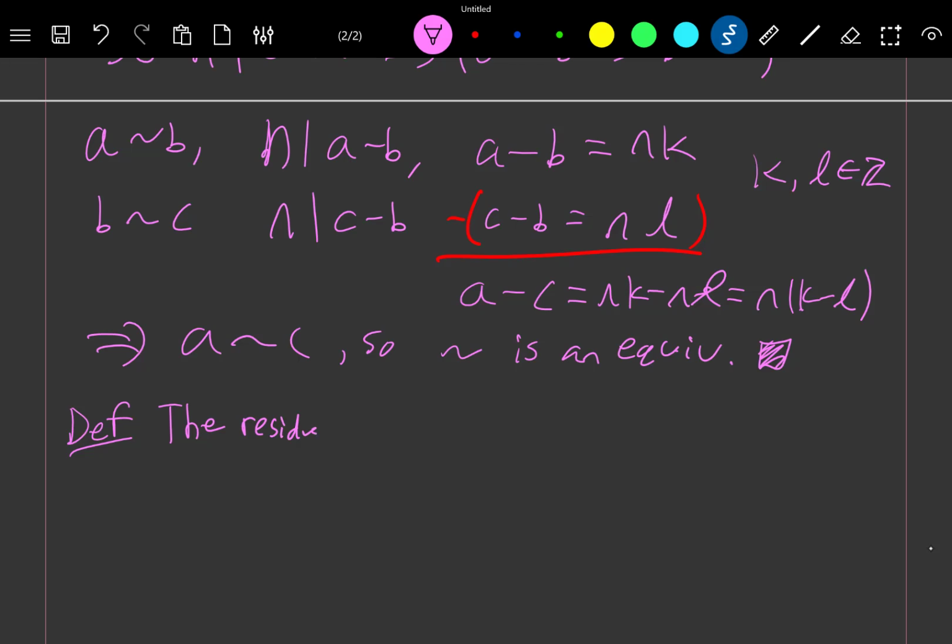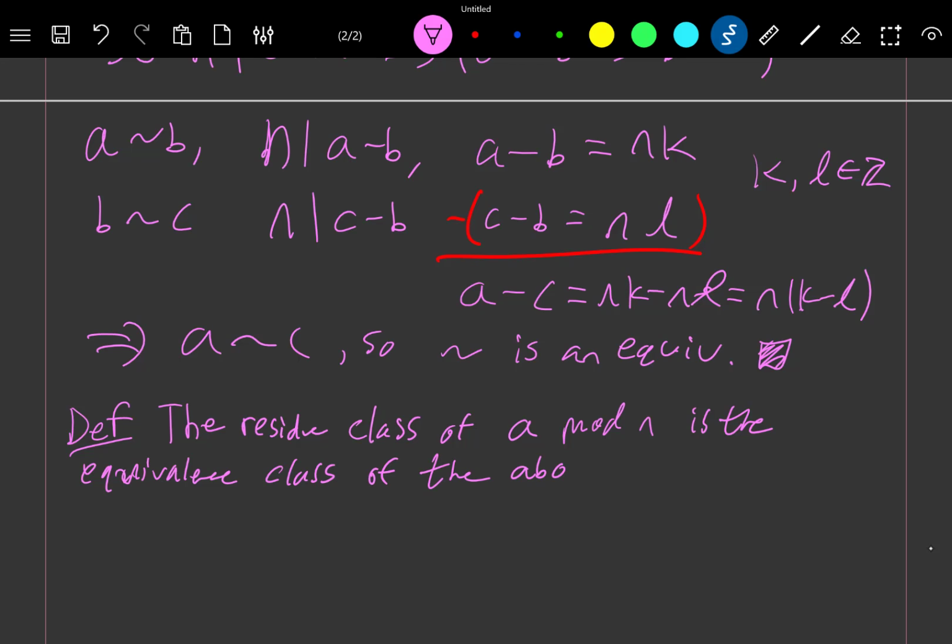The residue class of a mod n is the equivalence class of the above relation. I probably should say equivalence relation.